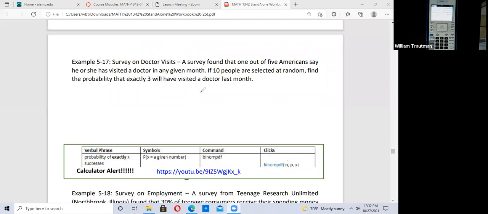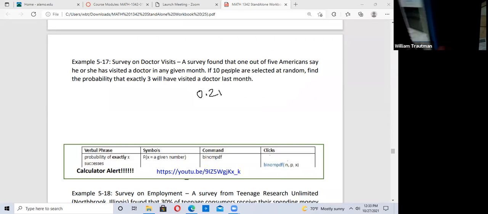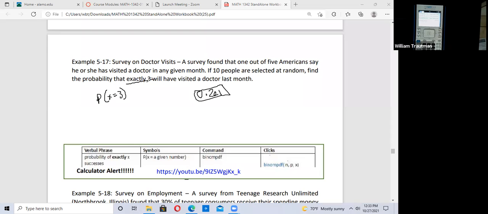So for this problem, 0.201. This is the probability of getting exactly 3, and n equals 10, probability equals 1/5, and x equals 3. 0.201.